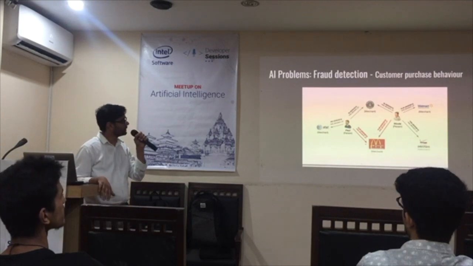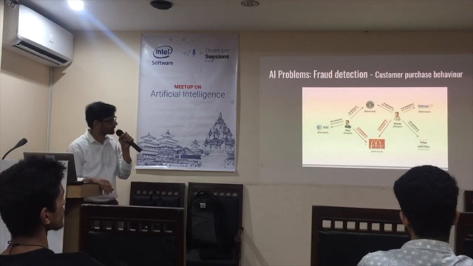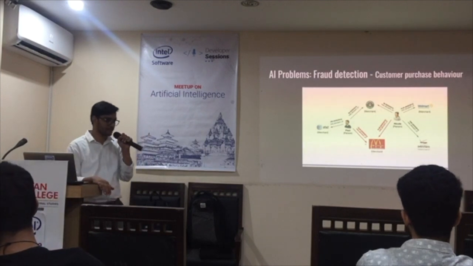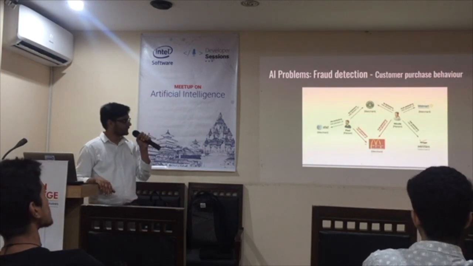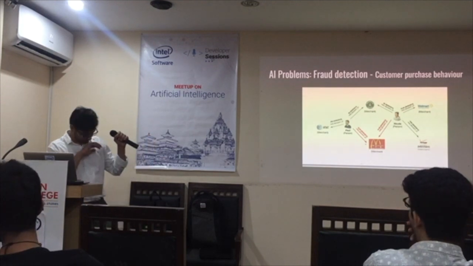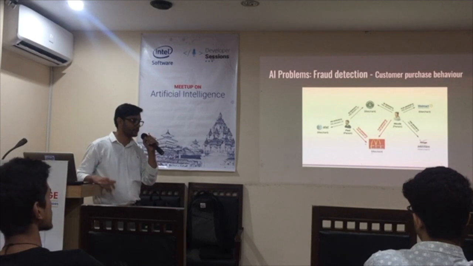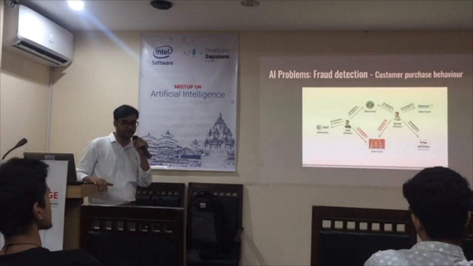The next complex problem of AI is fraud detection. Here, the task is detecting fraud in customer purchase behavior, that is, which is a valid customer and whether the credit card transaction is valid or not.